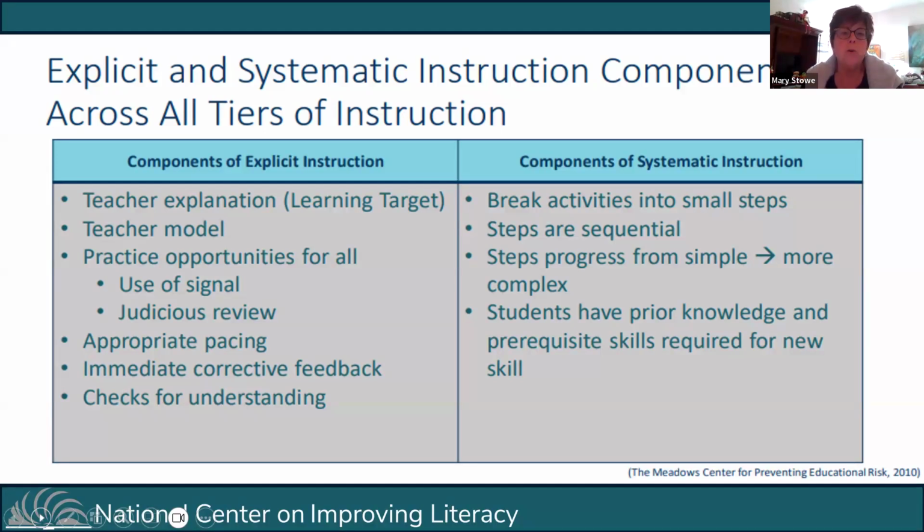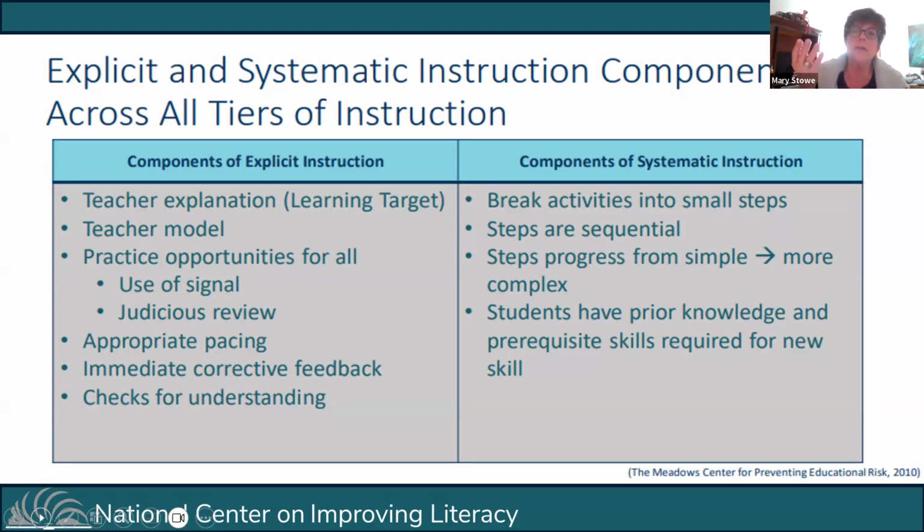We might make sure that we review judiciously what they've learned previously and incorporate that with what we're currently learning. We're going to go at an appropriate pace. We're going to use corrective feedback, as I mentioned just a moment ago, but we're also going to provide that nugget to help them grow. We're going to continually check for understanding.